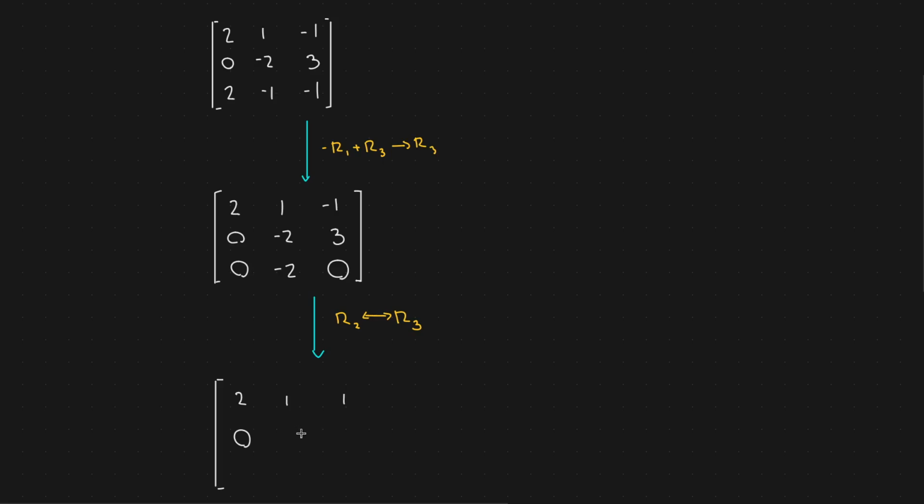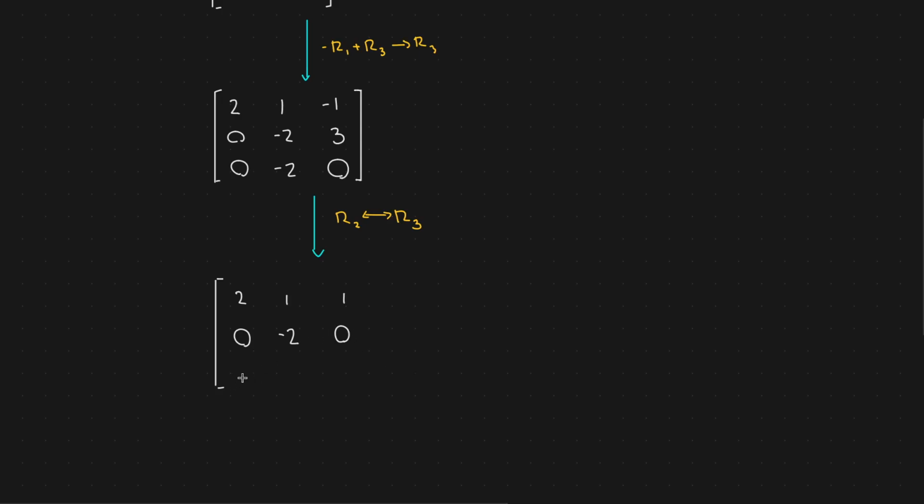Row 2, I like the 0, so I'm going to swap row 2 and row 3. And also I notice everything in row 2 is divisible by 2, so let's do that also. So I'm going to multiply row 2 by -1/2. That'll be my new row 2.